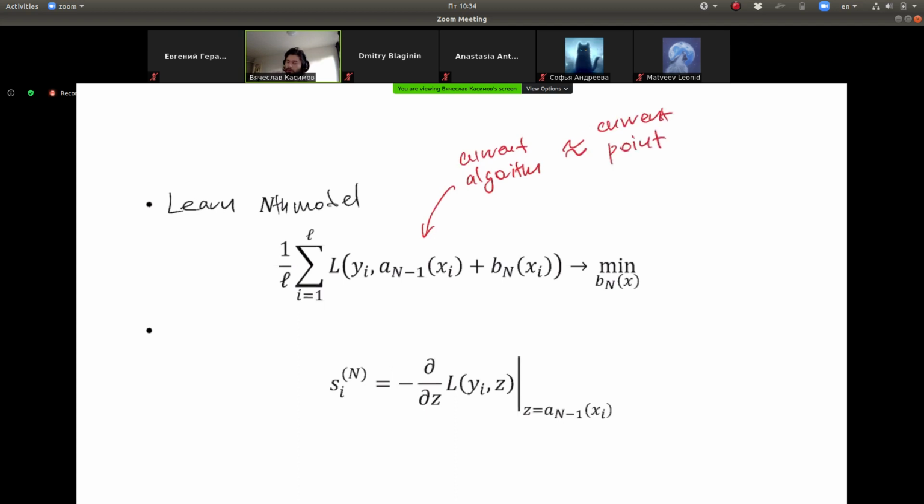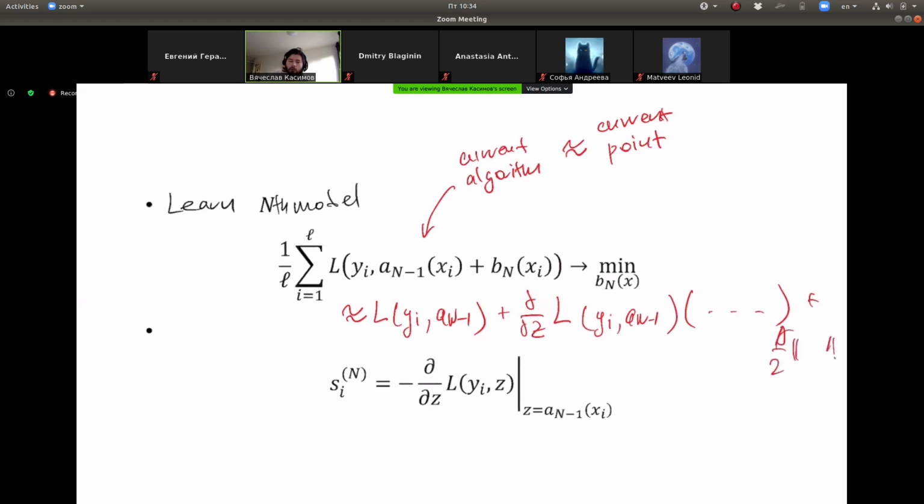So this whole loss could be approximated: we stay here, plus the derivative of the loss at our current point, multiplied by the difference. And here we could add the same quadratic term. And so we will derive the gradient update for this.